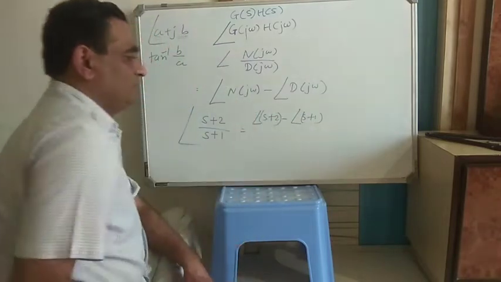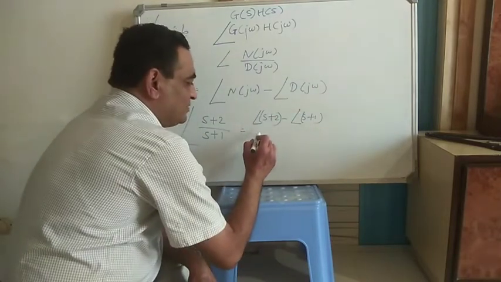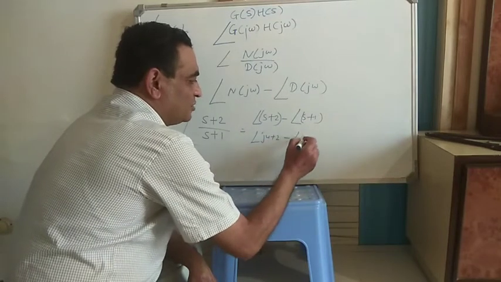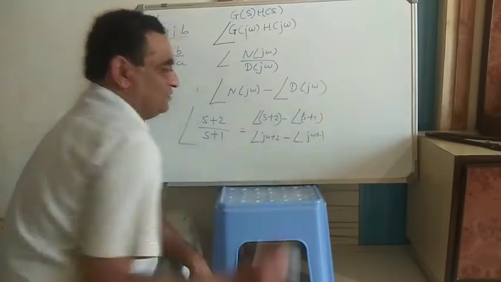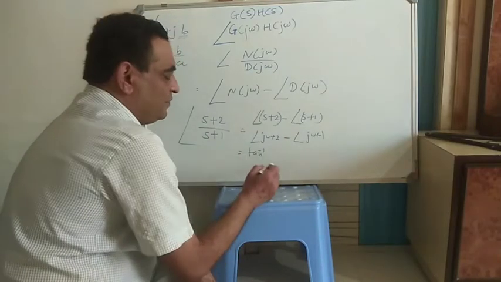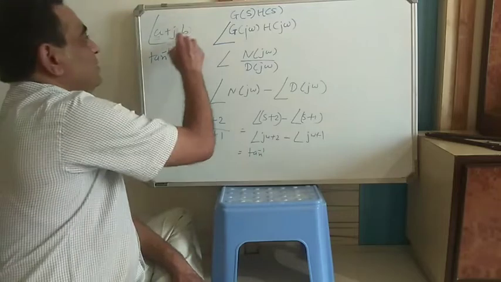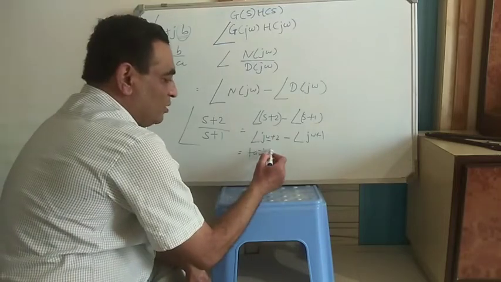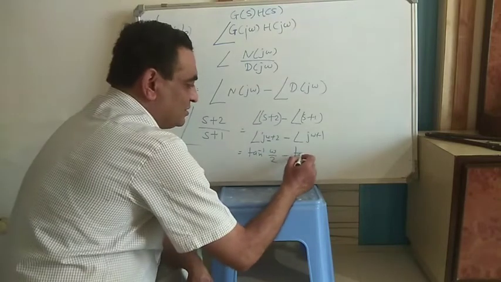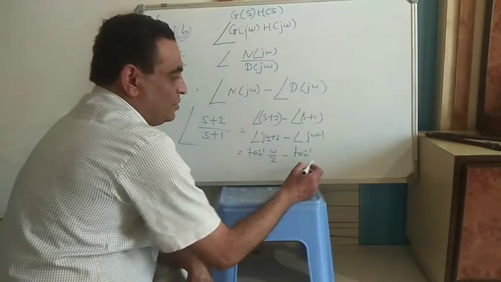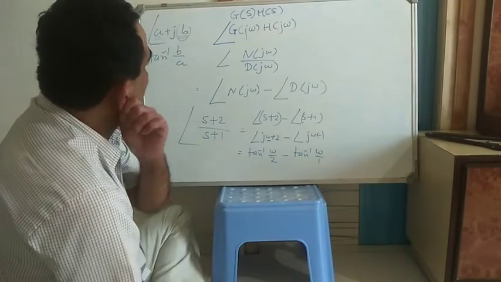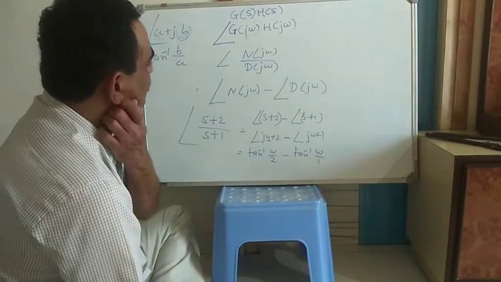If you replace s by j omega, then this is the phase of j omega plus 2 minus the phase of j omega plus 1. This is tan inverse of imaginary by real: tan inverse of omega by 2 minus tan inverse of omega by 1. This is how you can find the phase of any complex number.